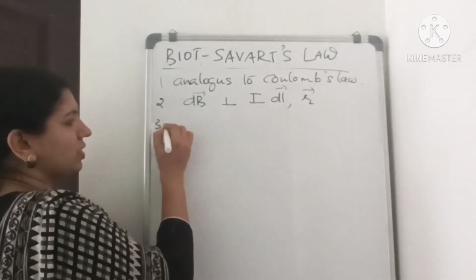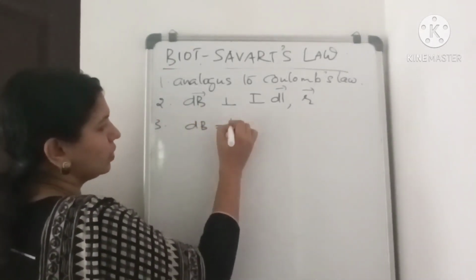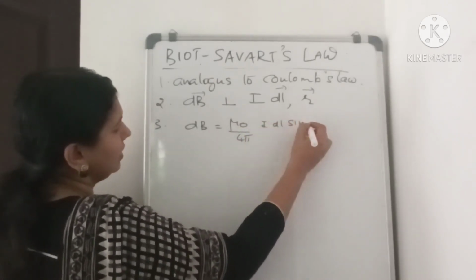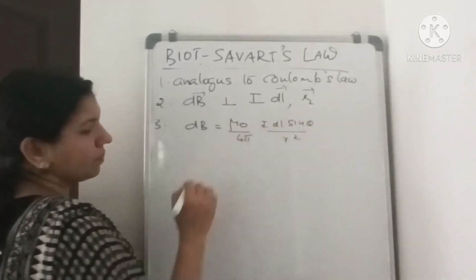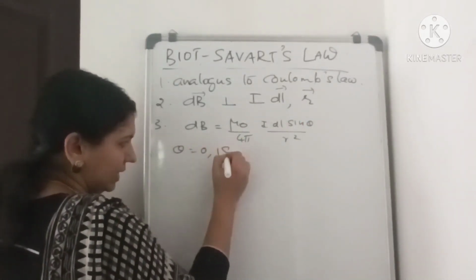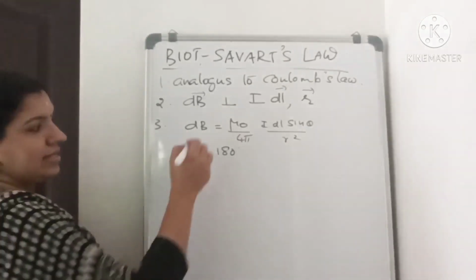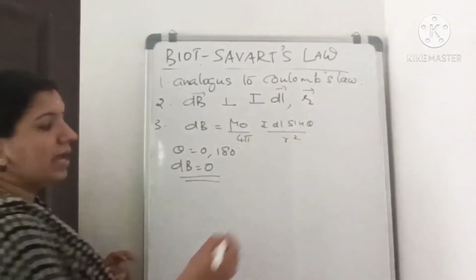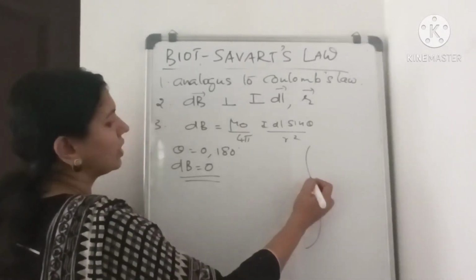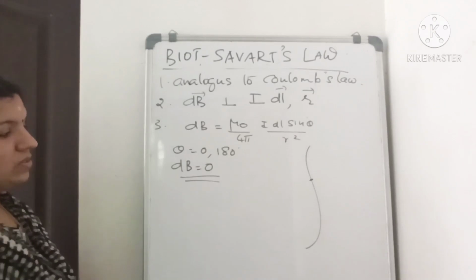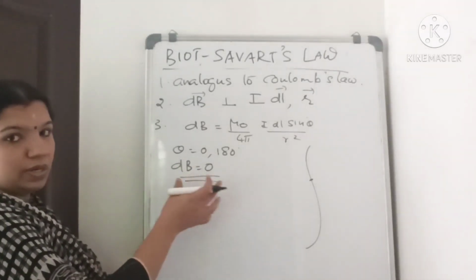Now from the equation you have the expression dB is equal to mu 0 by 4 pi I dl sine theta by r square, isn't it? Now if theta is equal to 0 or 180 degree, what does it mean? dB is equal to 0, which indicates that the point lies on the line element itself. That is theta is equal to 0, so the value is minimum, no? dB equal to 0.